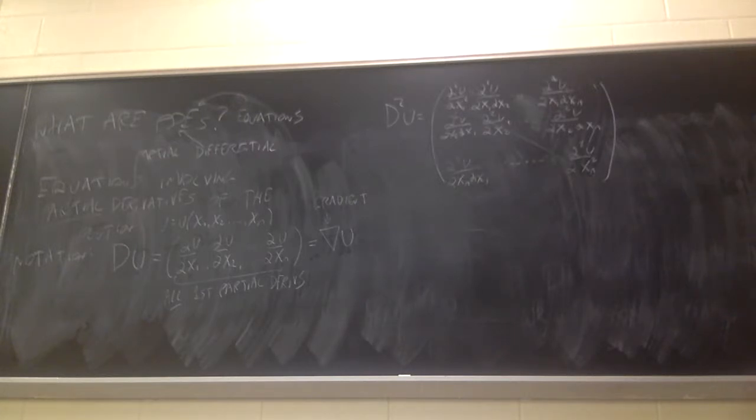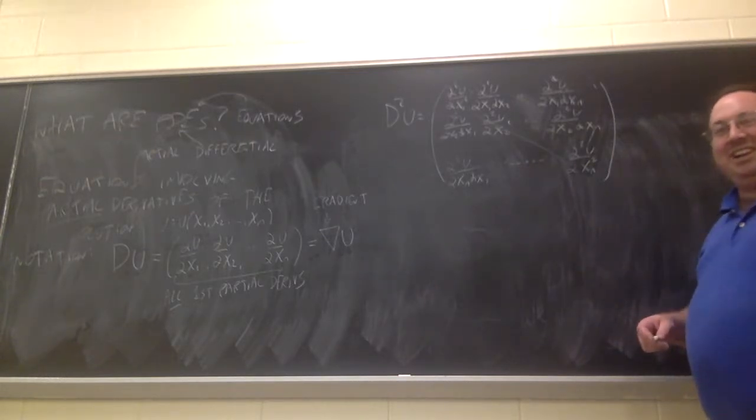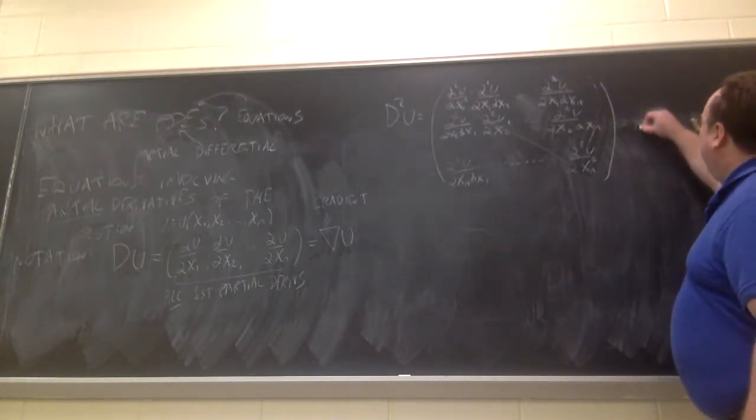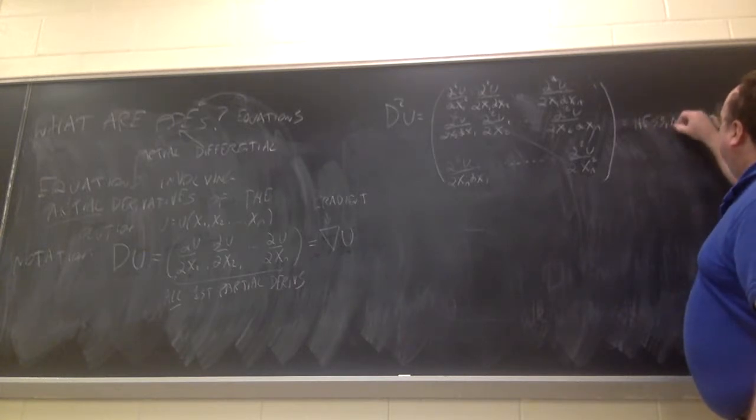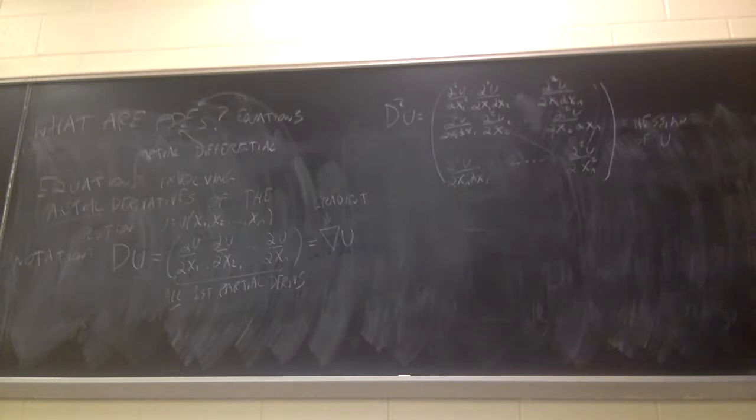It starts with an H. Hessian. Yes. That's because I have your notes. Okay. No, I won't take credit for that. Well, good on you getting the notes, though. Yeah, so that's the Hessian of u.